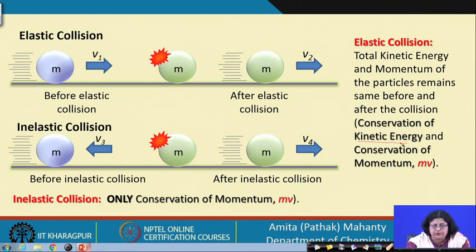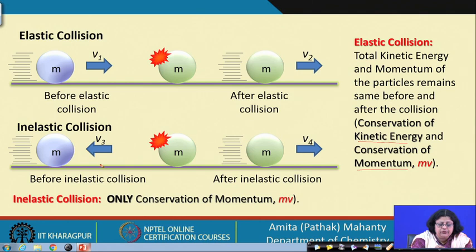Suppose you have an explosion, and in an explosion the particles move away as splinters. These splinters will have the condition where the momentum is conserved, but the total kinetic energy may not be the same.